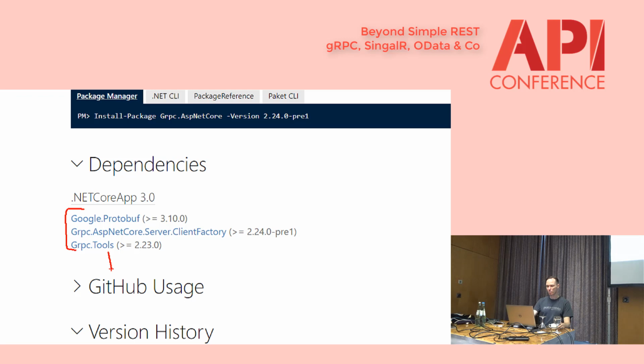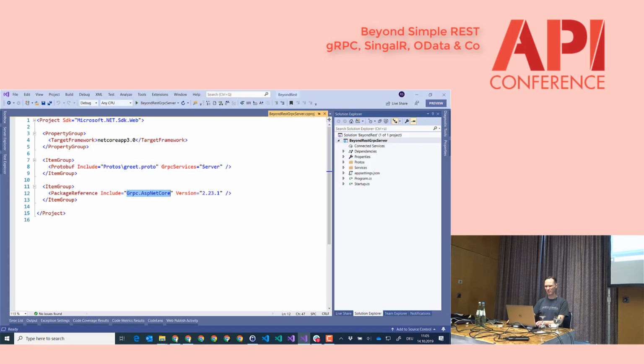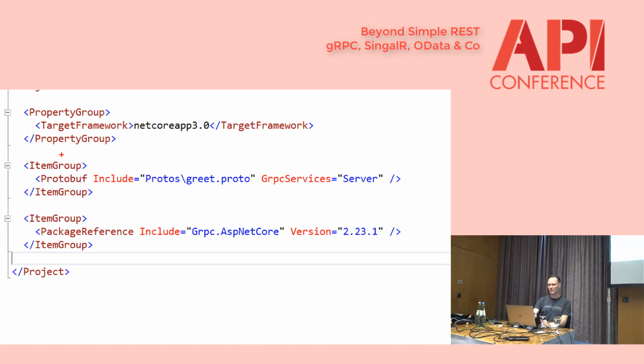This is the compiler. This is the integration of the ProtoBuf compiler into Visual Studio. But to be honest, you don't need this information. Just install this package and everything's fine. The second thing that we see is this line, and this line is really important. It just says, hey Visual Studio, there is a Protofile, please generate whatever I need for it. That's it.